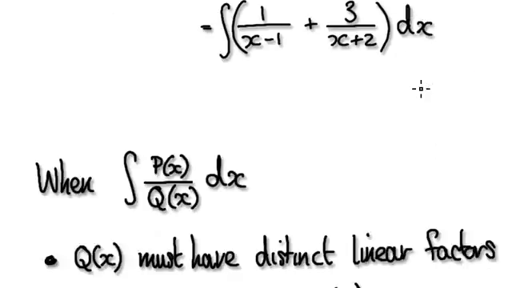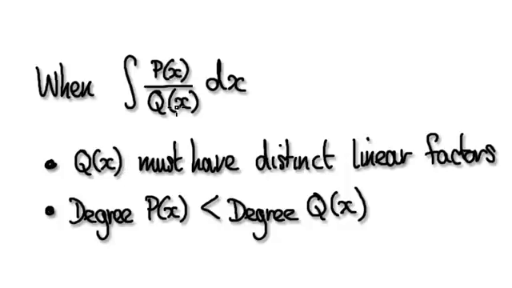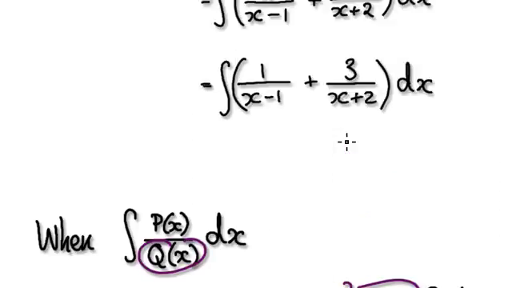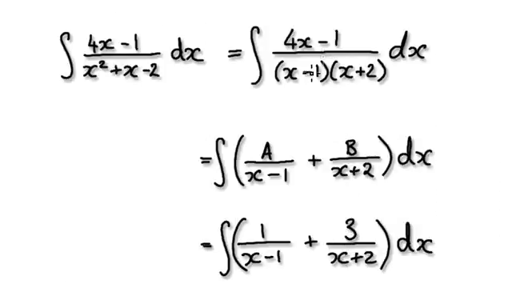Okay, Q of x must have distinct linear factors. Well, linear in this case means all the factors here must be linear. So you can't have a factor like x squared plus 7, because this is not linear. Linear is when the power of x is 1.